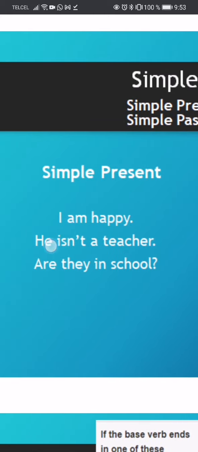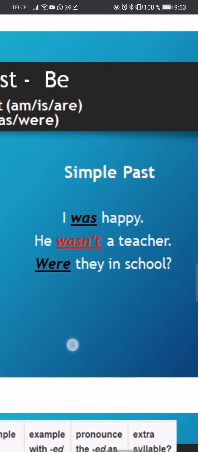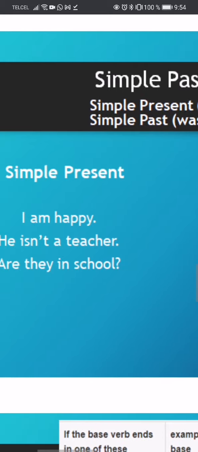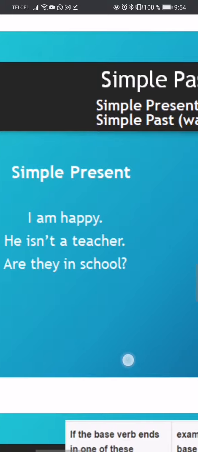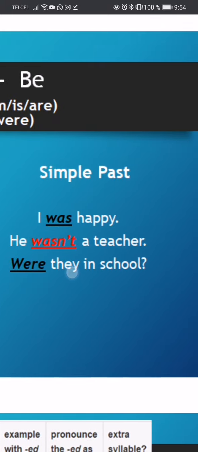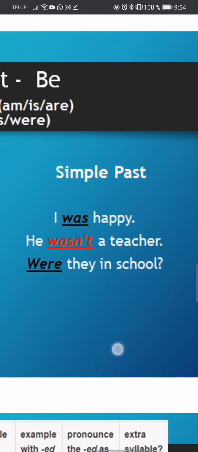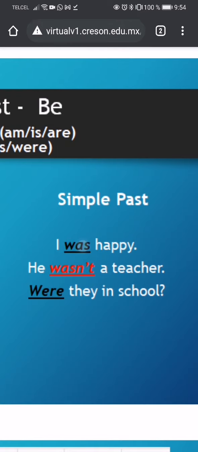Simple present, he isn't a teacher. Negative. Simple past, he wasn't a teacher. Interrogative, are they in school? Were they in school? Okay, if you notice, the auxiliary did doesn't use here.